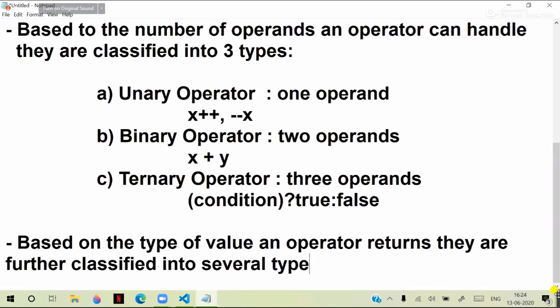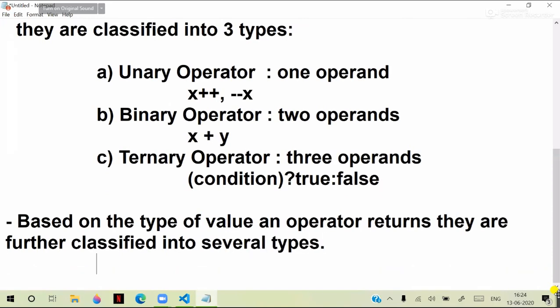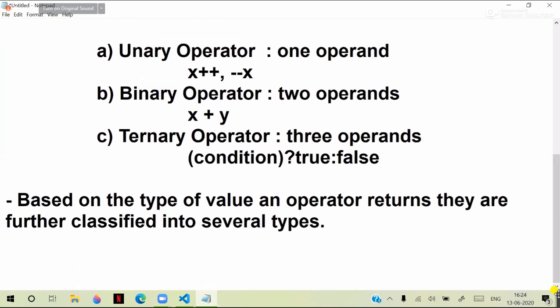What type of value does an operator return? Based on that, operators are again classified into various types.